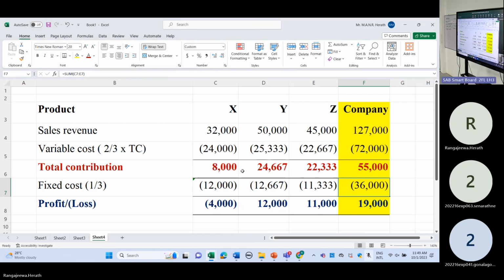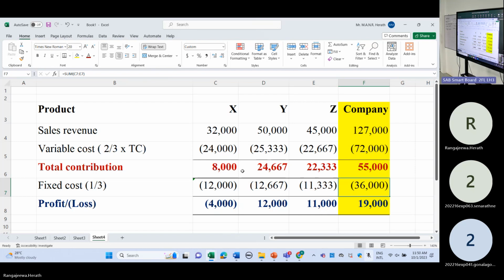When you drop product X, that may have a negative impact on the other two products. Especially if you are selling all three products in the same sales outlet, the customer who comes to buy product X may also buy products Y and Z.